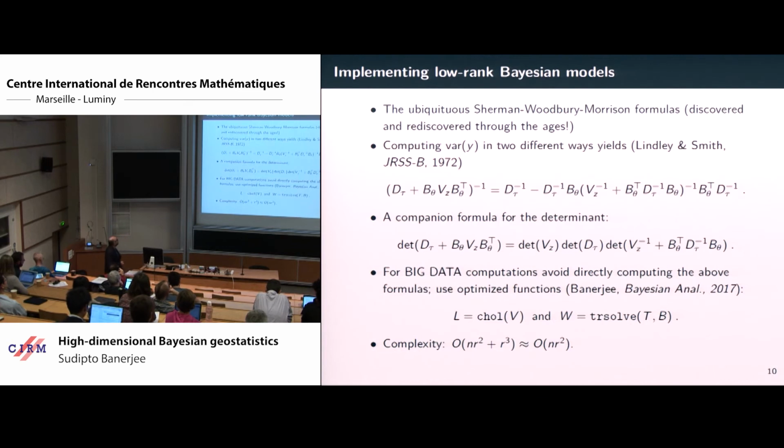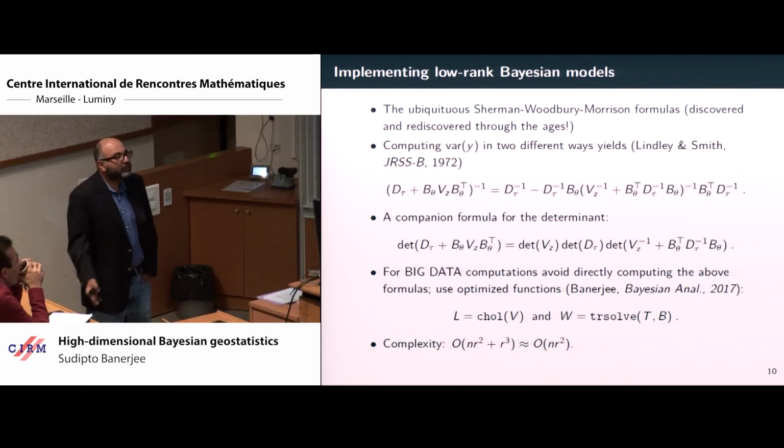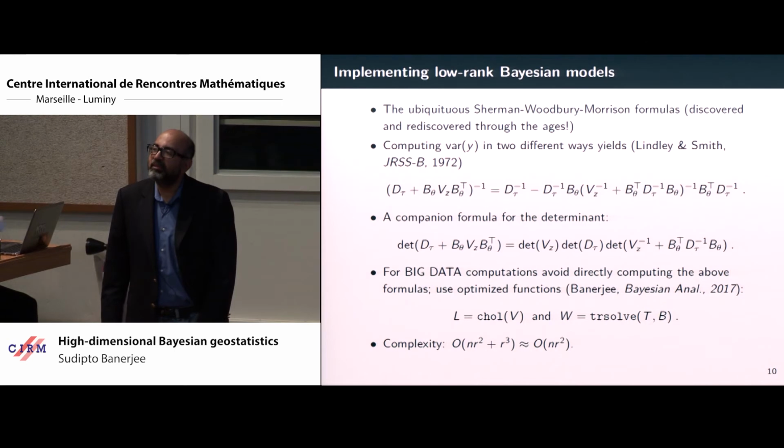In fact, it's again the very widely deployed Sherman-Woodbury-Morrison formulas, discovered and rediscovered through the ages. I once took a lecture from C.R. Rao, and he said that in the 1950s or 60s he thought he had discovered this beautiful formula, only to find out that it existed 30 years earlier.